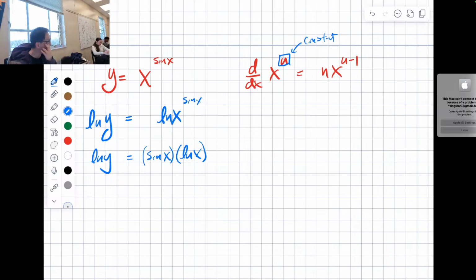So that becomes a new equation. Do you know how to take a derivative here? Find dy dx.